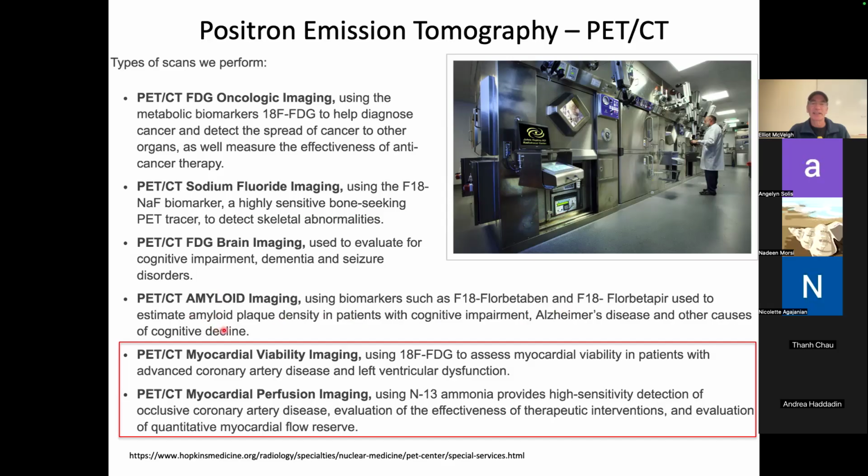Alzheimer's disease is detected with this agent here, or this agent, to look at plaques in Alzheimer's. Viability, the fluorodeoxyglucose tells you whether or not the tissue is alive and turning over metabolically. And then ammonia 13 is basically just a tracer that you inject, and then you rapidly image it as it goes through.